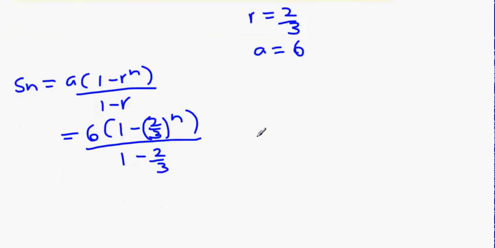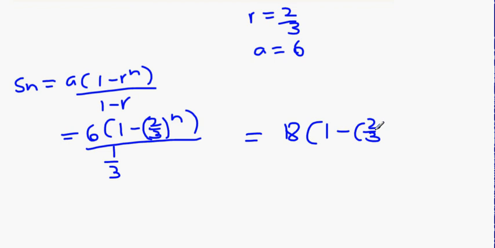And then 1 minus 2/3 is 1/3. 6 divided by 1/3 is 18, so it's going to be 18 into 1 minus 2 over 3 to the power of n. Okay.